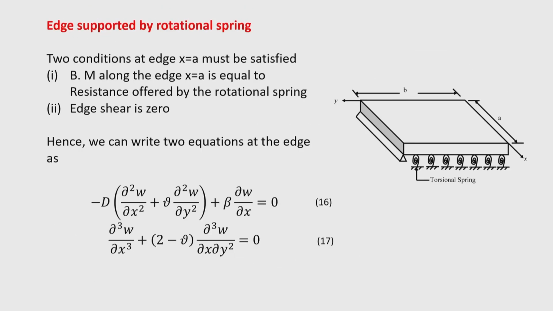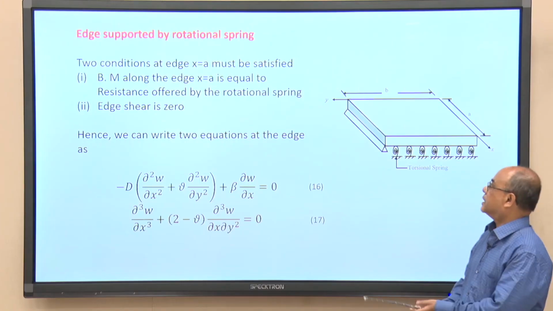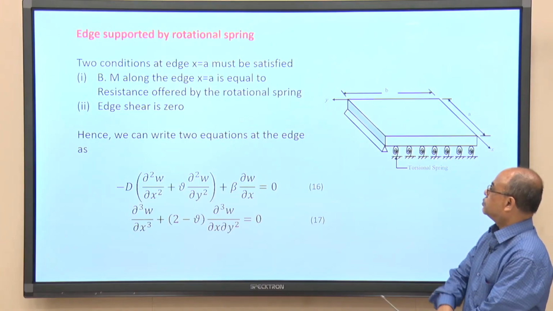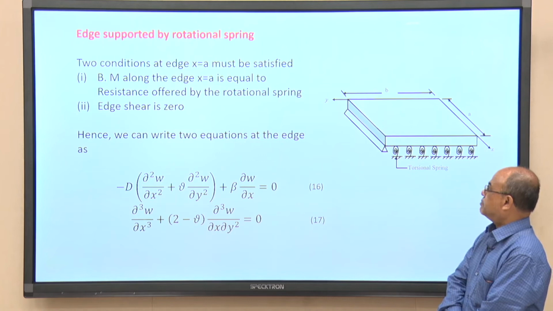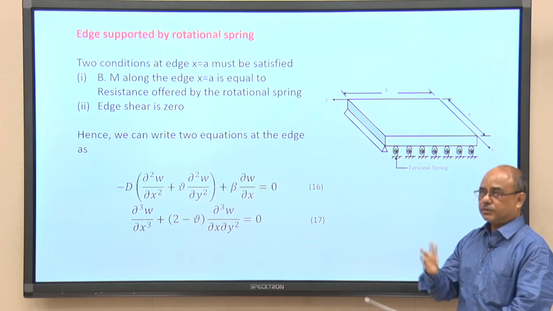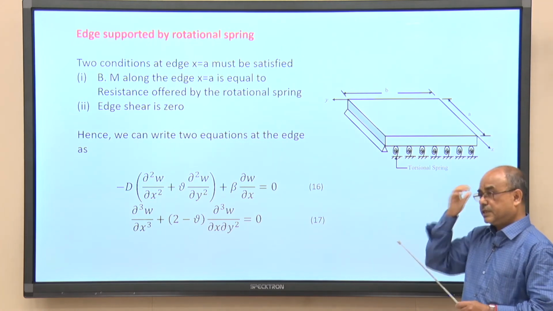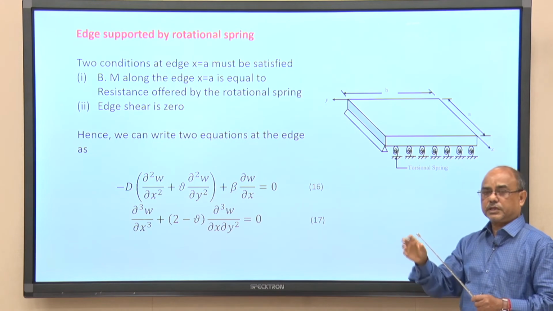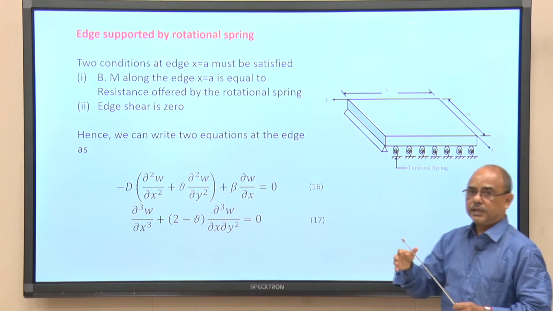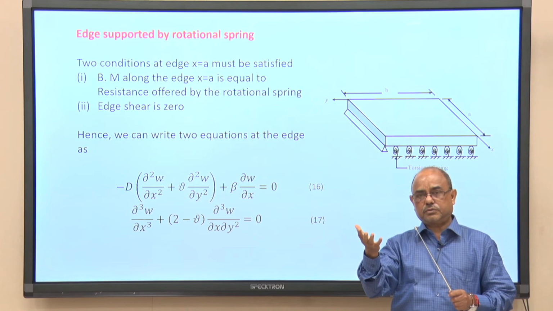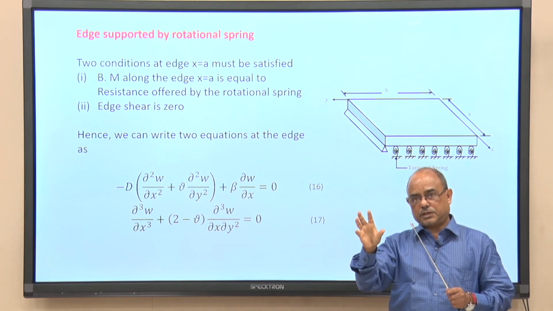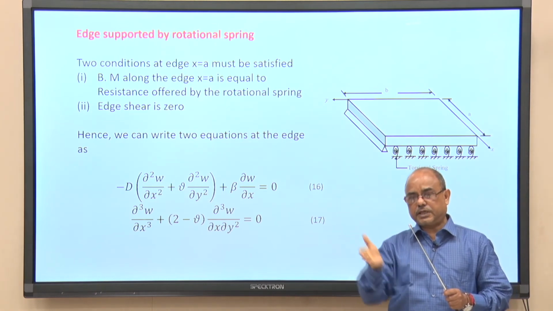Then the plate supported by the rotational spring: two conditions at the edge x equal to a must be satisfied. What are the conditions? Let us see. Since it is restrained by the rotational or torsional spring, it will offer resistance to the bending moment along the edge.